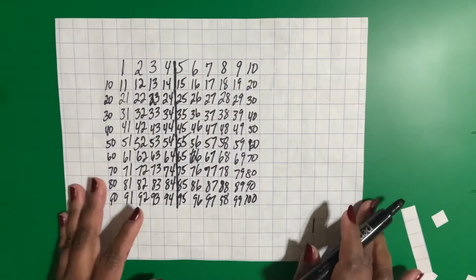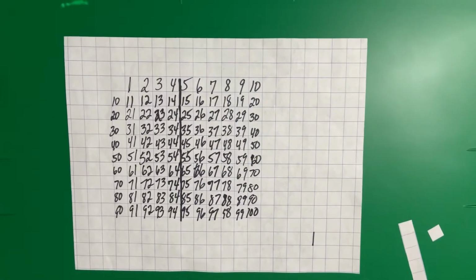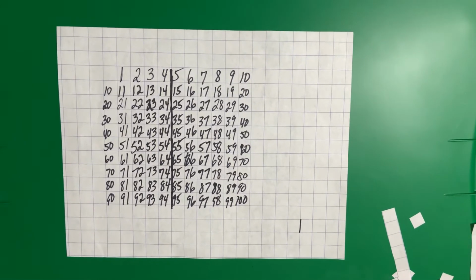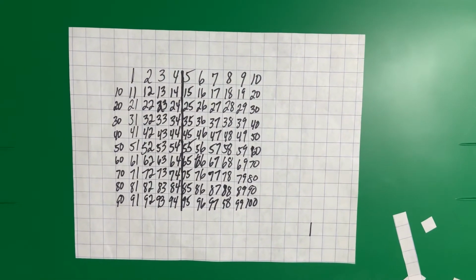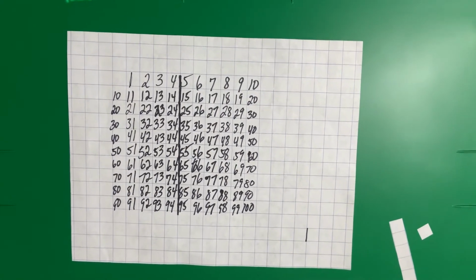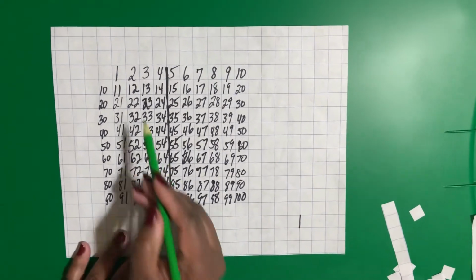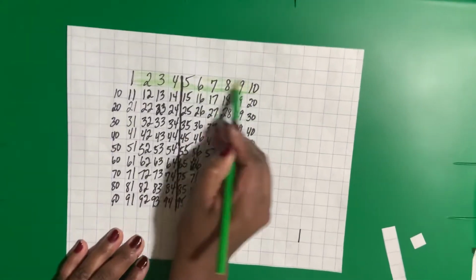Okay, and I already drew down my dark line to put them in halves. I have a set of 10s over here and also a set of 10s over here. Now, let's say I wanted to round the number 23 to the nearest 10. The one thing I want the children to do is show or represent the number 23.